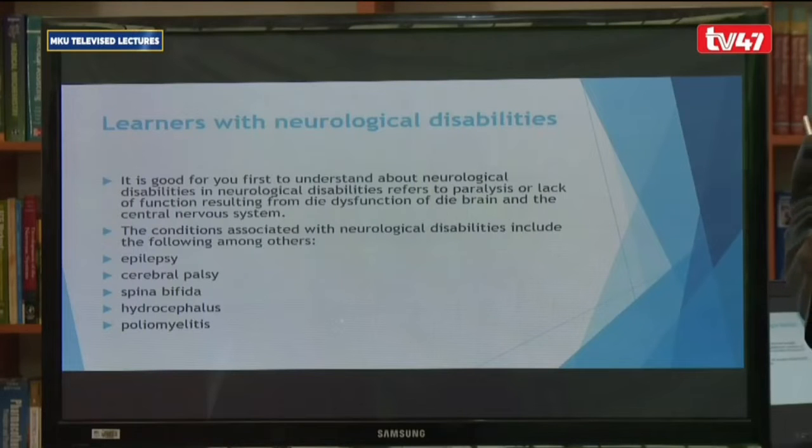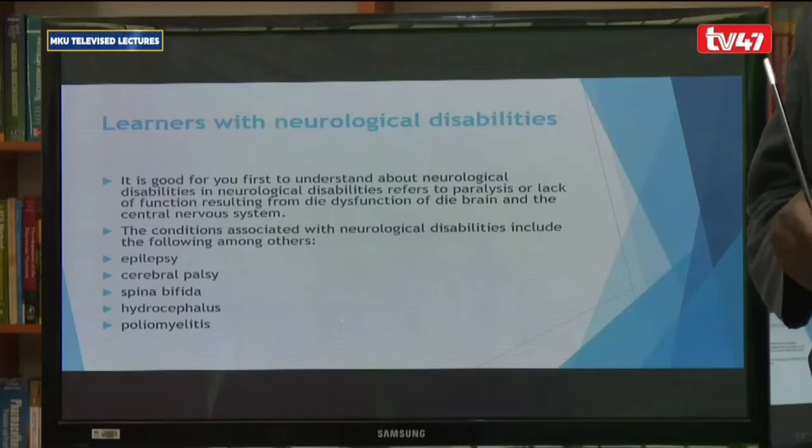Here I want to emphasize that the brain is the center of all activities of the body. All activities of the body are controlled by the brain, and the actions we do are transferred by the nervous system.